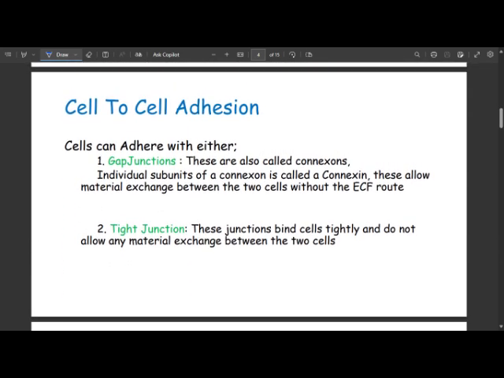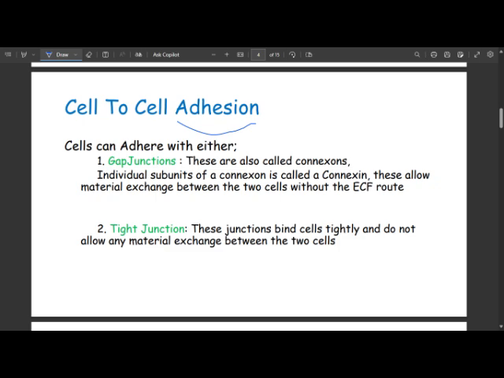So I'm going to go ahead with cell-to-cell adhesion. In cell-to-cell adhesion, there are different cell-to-cell connections that we have. These are cell-to-cell connections. Adhesion, we're connecting the cells. Okay, and these cells can connect with each other through either gap junctions or tight junctions. From the word gap junctions, these are junctions which allow cell to cell transfer of material without utilizing the ECF route.